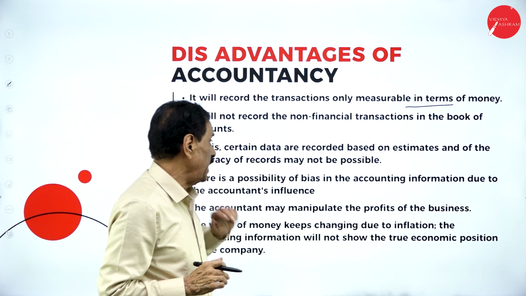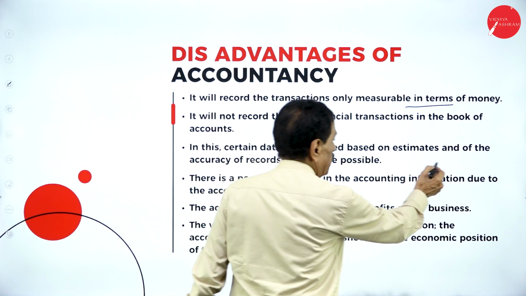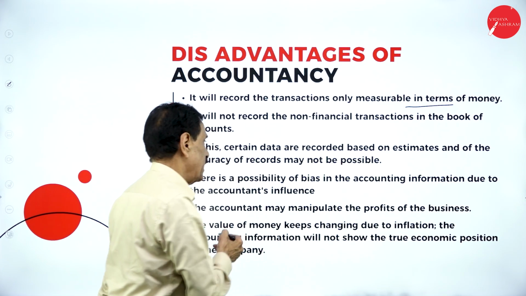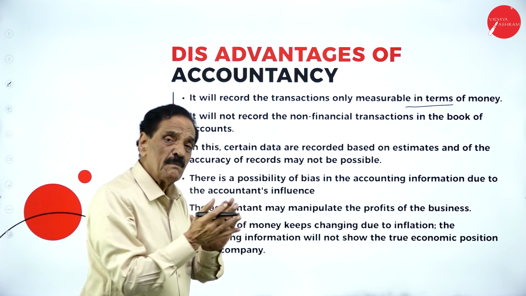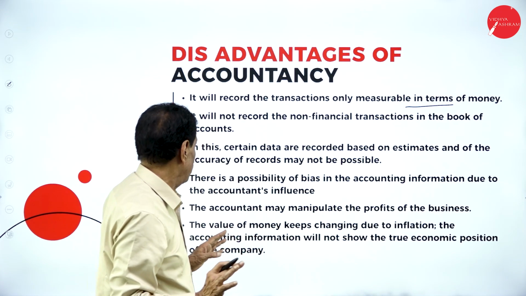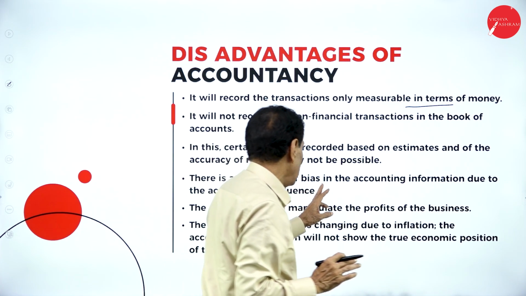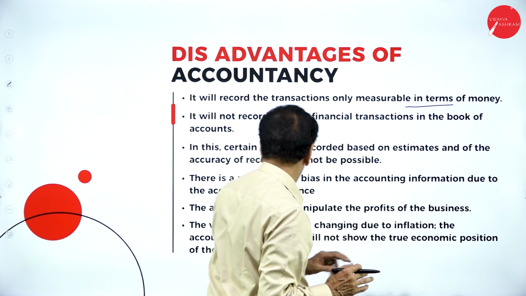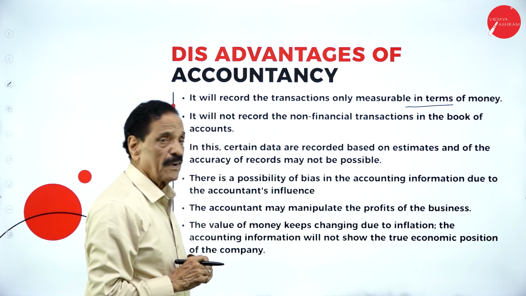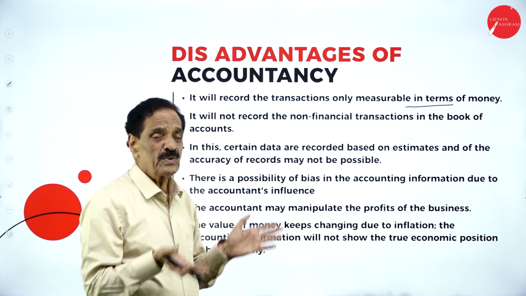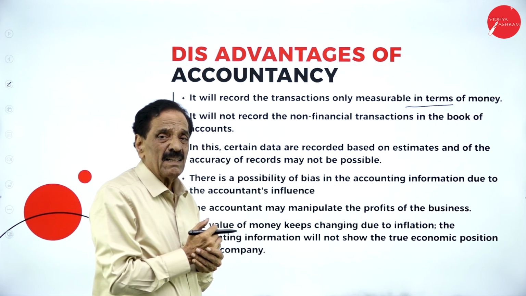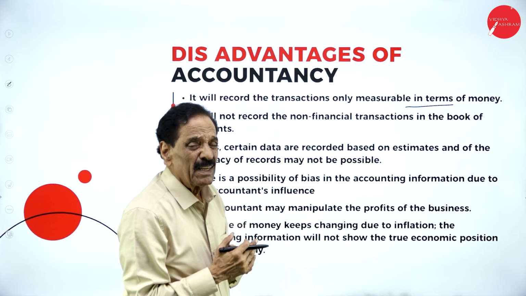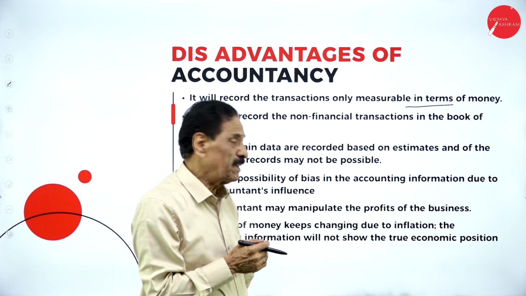Certain data are recorded based on estimates, so the accuracy of records may not be possible. There is a possibility of bias in the accounting information due to influence. The records may be changed because of the influence.